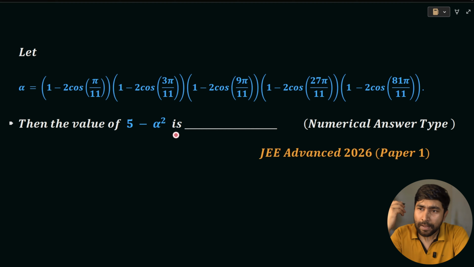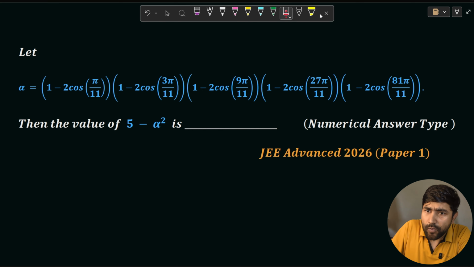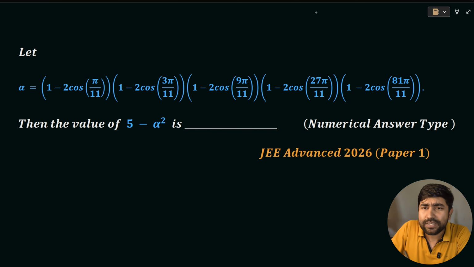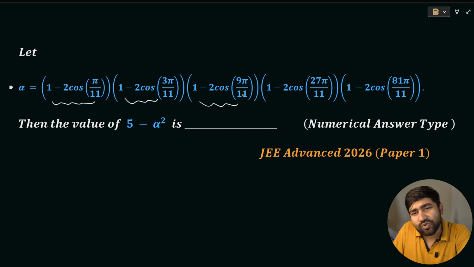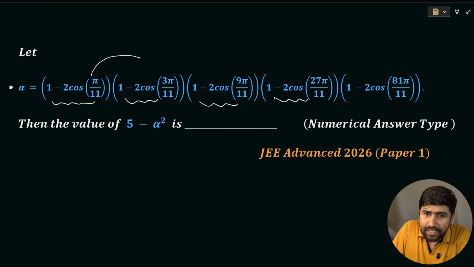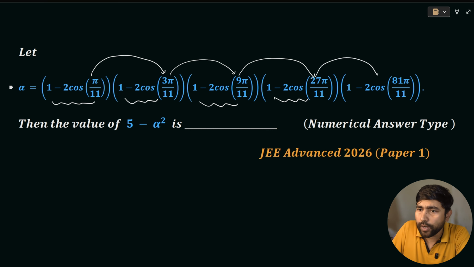But when we see this problem in a new way, we have 1 minus 2 cos alpha, 1 minus 2 cos 3 alpha, 1 minus 2 cos 9 alpha, 1 minus 2 cos 27 alpha. So there is one pattern here, that is 1, 3, 9, 27 and 81.